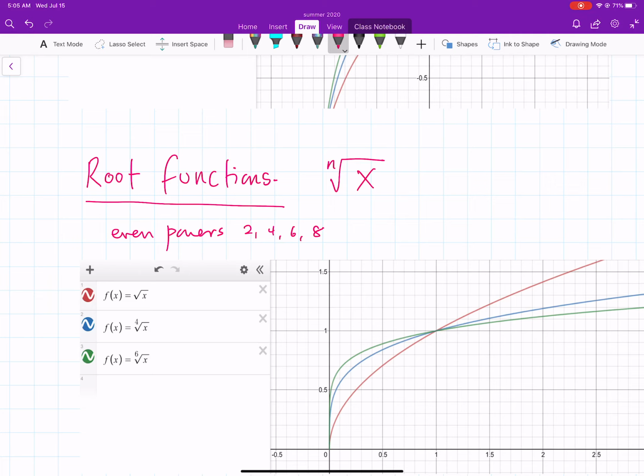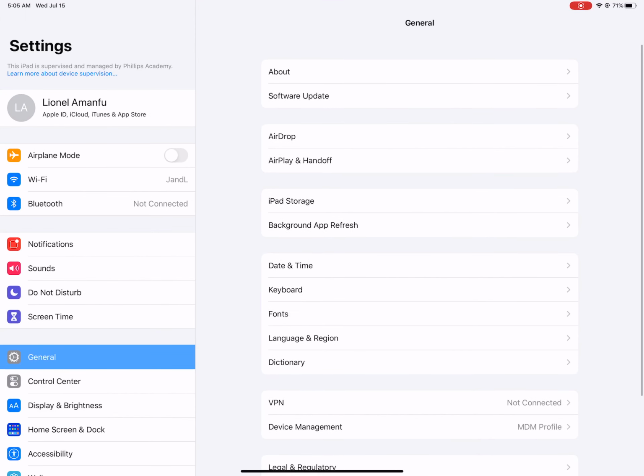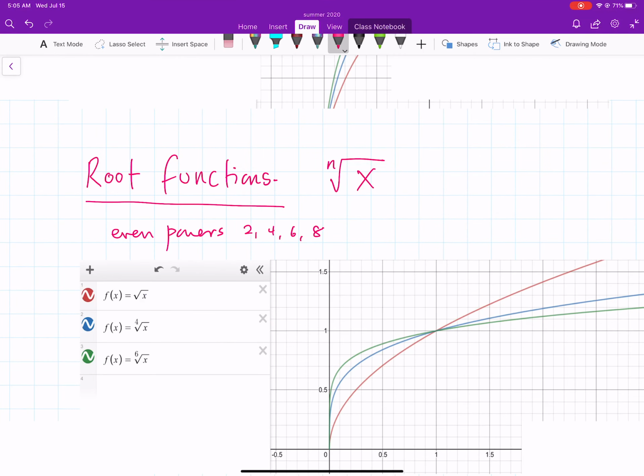And if you look at the graph, the red starts this way, goes there, and then blue and green, they're straightening out on the y-axis. So again, you know the nature of the graph. The higher the power is, the more flattened it looks on the y-axis.